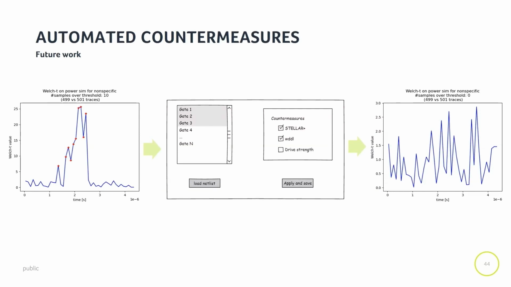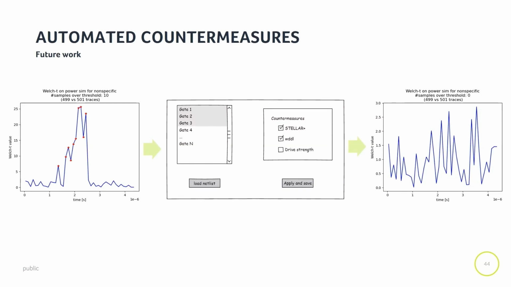Future work meaning we dream of this, it doesn't exist today. One of the insights we had is if you look at the leaky gates only in the design, it's actually quite a subset of the full design. So when you talk, for instance, about AES counter or AES masking countermeasures, these things double the area, which is expensive.